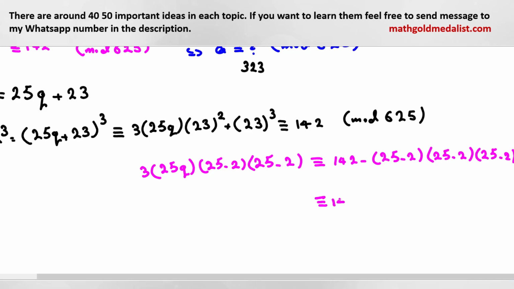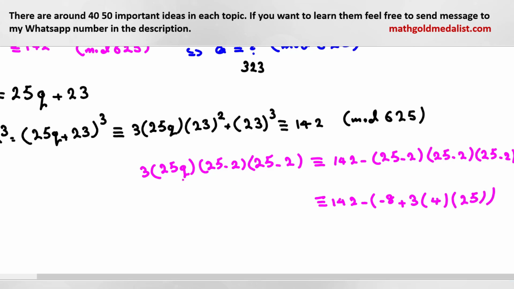Now it will be 142. If you use 25 twice, then it will be 0 mod 625, right? So from all of them, we can select -2, which gives -8, or from two of them we select -2, then next 25. So it will be plus 3 times -2 times -2. 3 is because of 3 choose 2. 4 times 25, right?